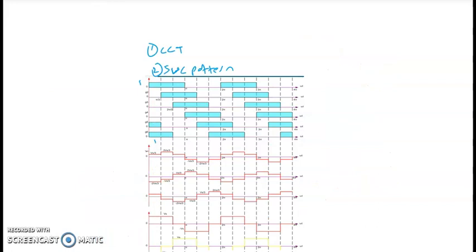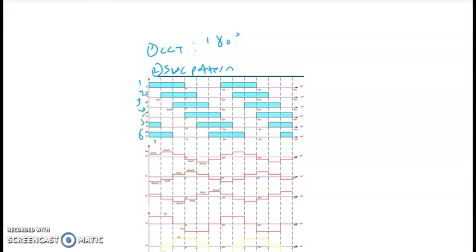So the sequence of our task is that we first draw the three-phase circuit, say for 180 degrees. Then we go for the switching pattern, the sequence of gating 1, 2, 3, 4, 5, 6.